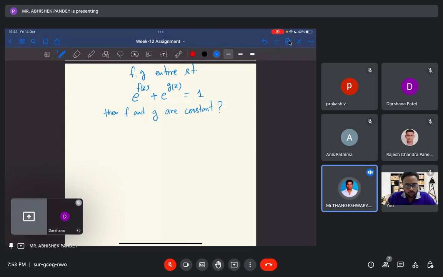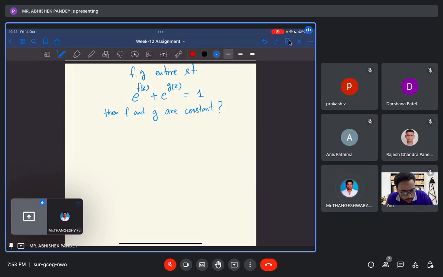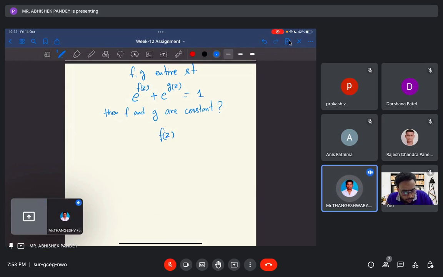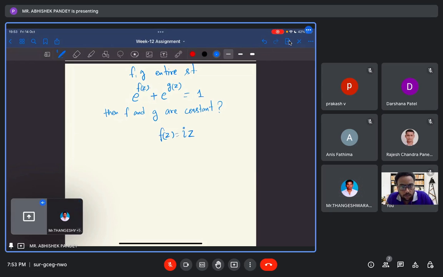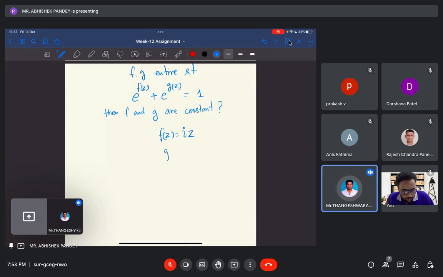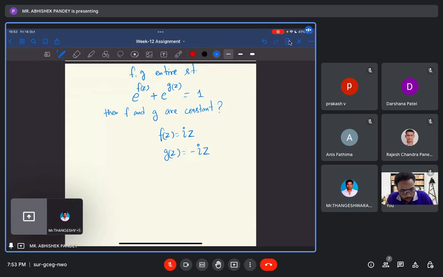Take f of z equal to iz and g of z equal to minus iz. Then e to the power iz plus 1 upon e to the power iz.